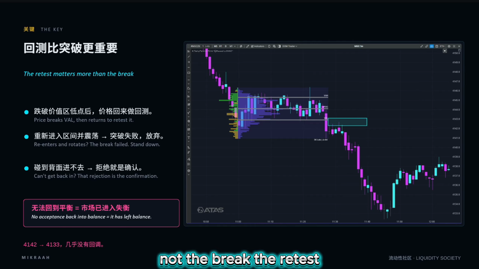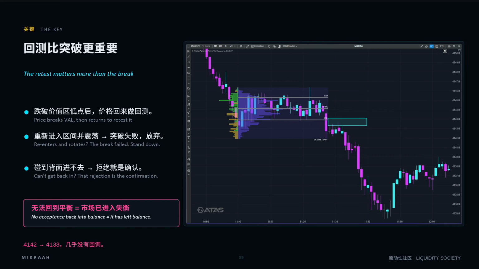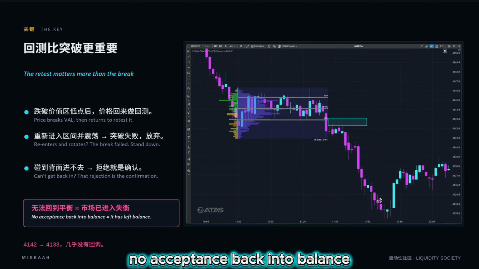The retest. If price re-entered the value area and started rotating again, the break failed and you stand down. It never did. It touched the underside, couldn't get back in, and that rejection was the confirmation for the continuation trend. No acceptance back into balance means the market has left a balance.